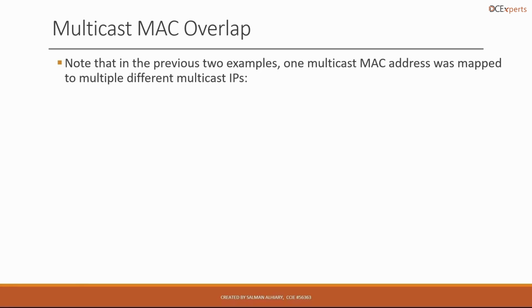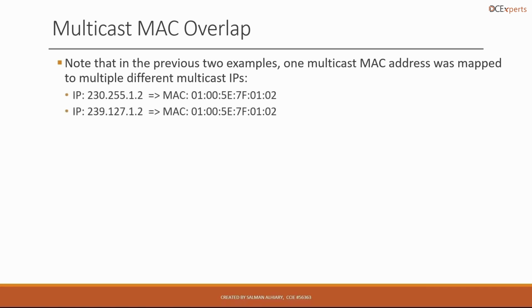Note that in the previous two examples, one multicast MAC address was mapped to multiple different multicast IP addresses: 230.255.1.2 and 239.127.1.2. Both of them map to the same MAC address. Why has this happened?